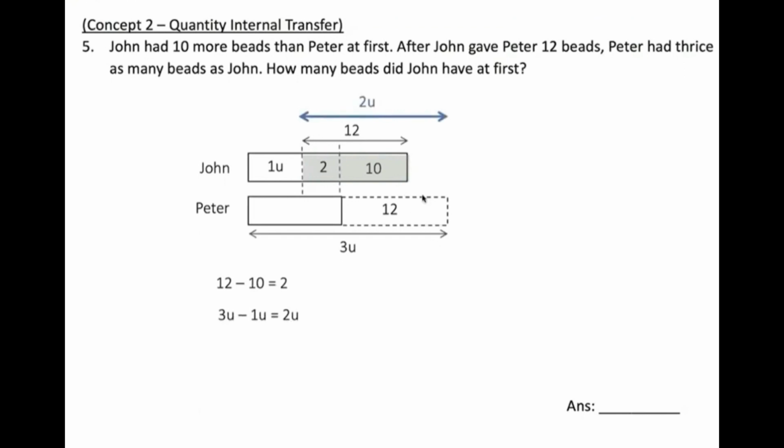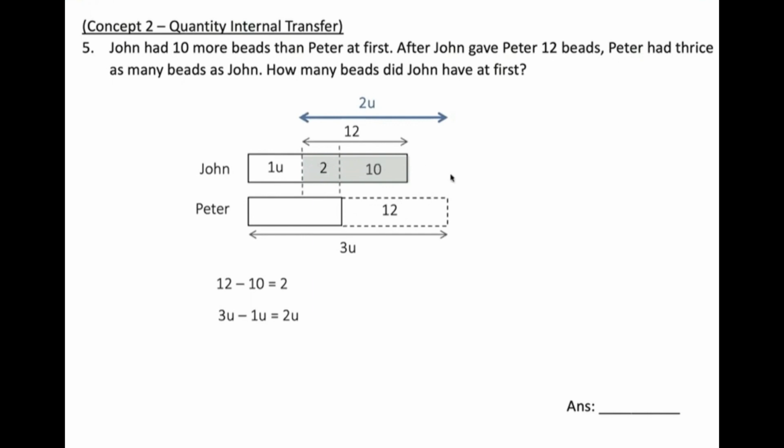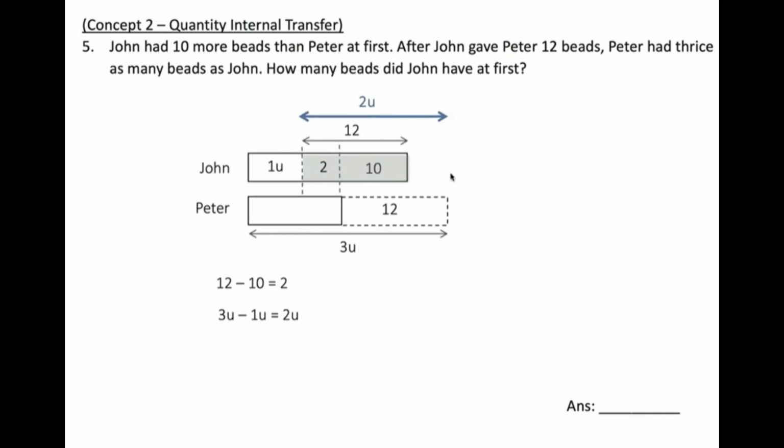And the 2 units is equal to 12 plus 2. Can you see that? This bar, 12 plus this 2. So you have to observe the model you draw to know where these 2 units cover. From here to here, the value will be 2 plus 12.